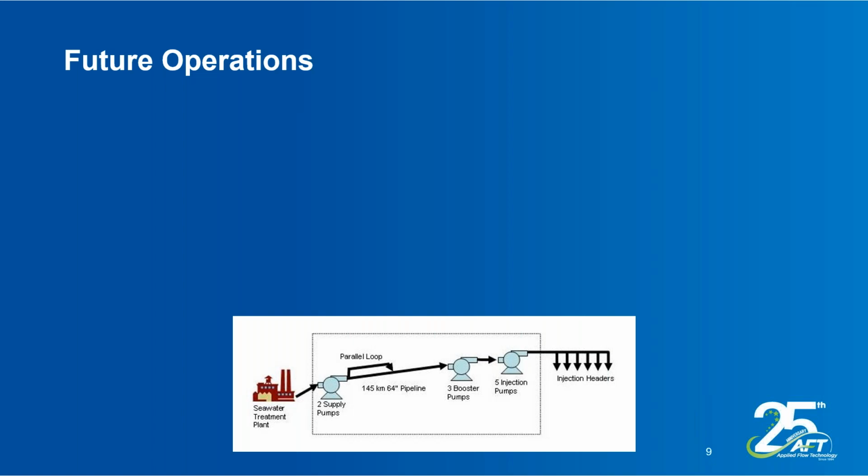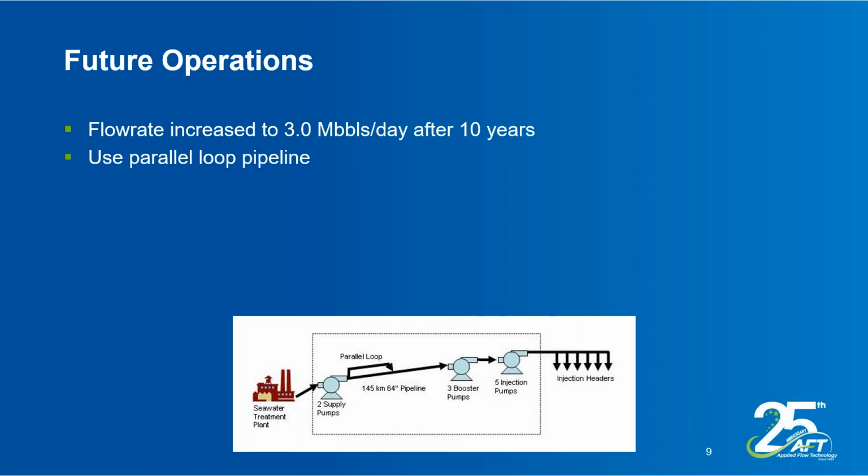So this is the future operation design case that they were able to look at in good detail from the very beginning. So here was an assumed increase in flow rate to 3 million barrels a day after 10 years. This would require using a parallel loop.